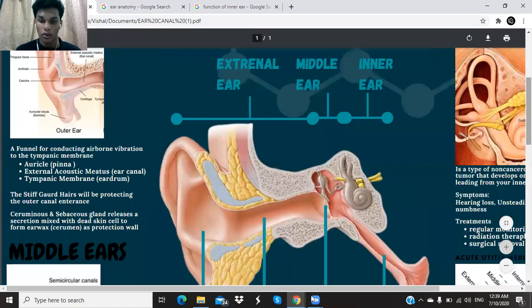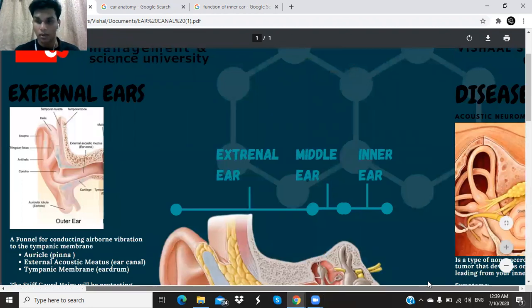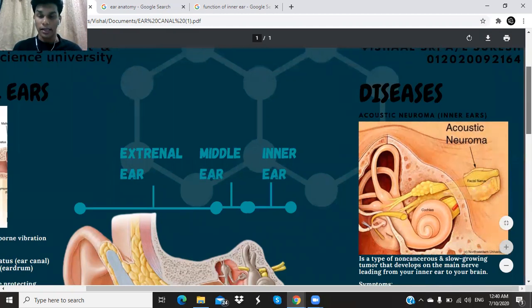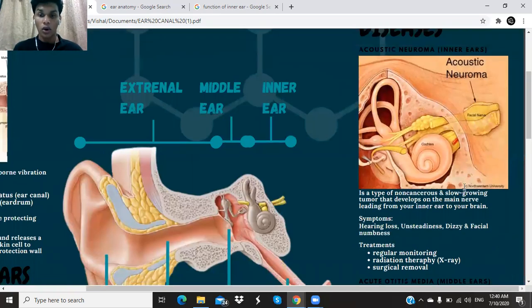Now we will talk about diseases based on these three structures. The first disease happens in the inner ear. It is called acoustic neuroma, a slow-growing non-cancerous tumor that develops in the main nerve leading from the inner ear to the brain.